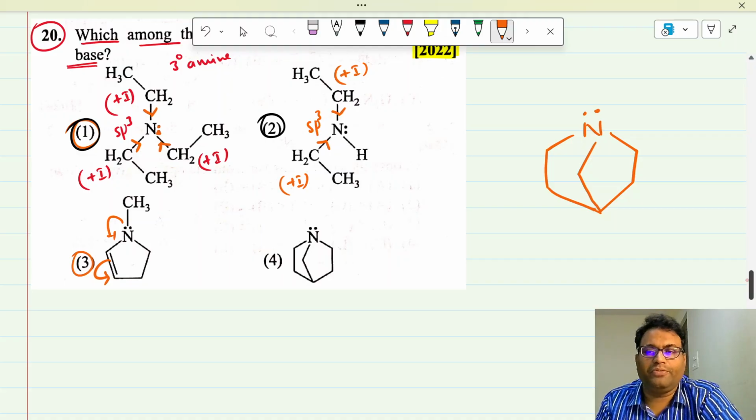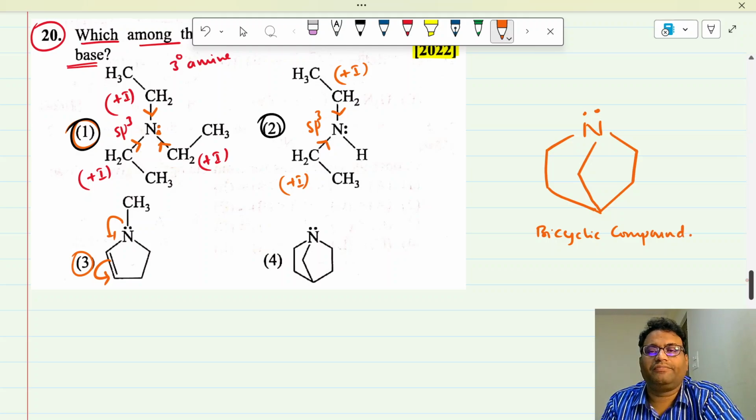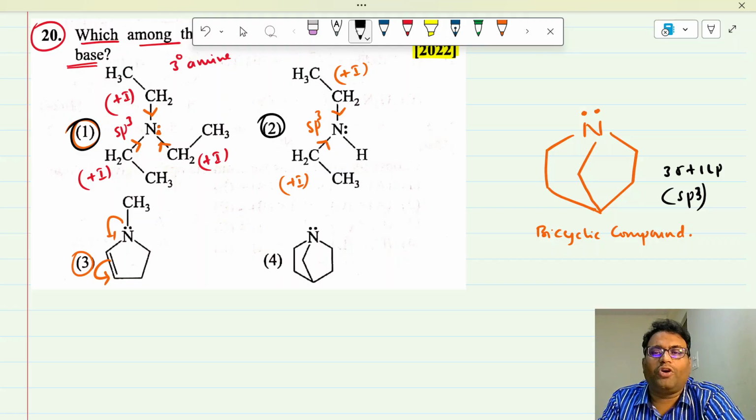It is a bicyclic compound. Now, no doubt about it, it has 3 sigma plus 1 lone pair on nitrogen. So it undergoes sp3 type of hybridization. But there are no four bonds. Are there 4 bonds? No, 3 bonds. And it is a tertiary amine.